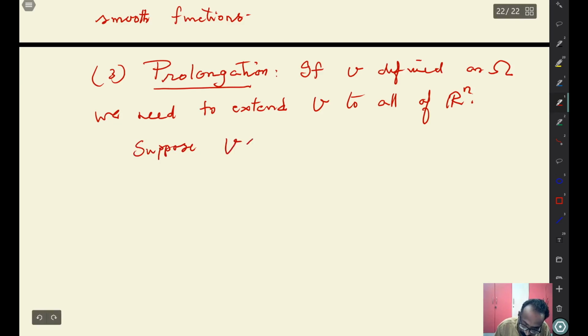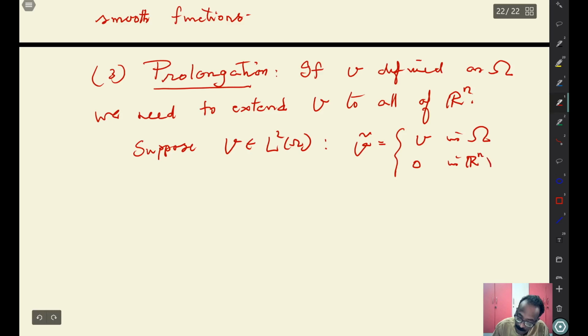Suppose v is in L2 of Ω, and then you define v tilde, a trivial extension: v in Ω and 0 in Rn minus Ω. Then by the additivity property, you immediately get v tilde is in L2 of Rn. This is called a trivial extension.